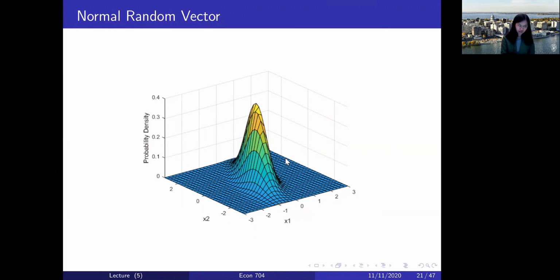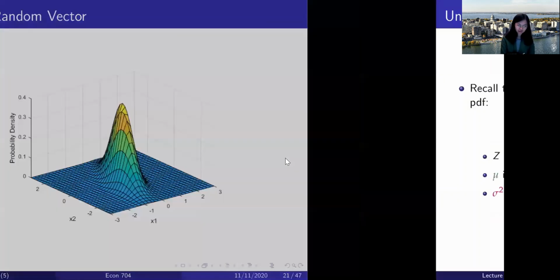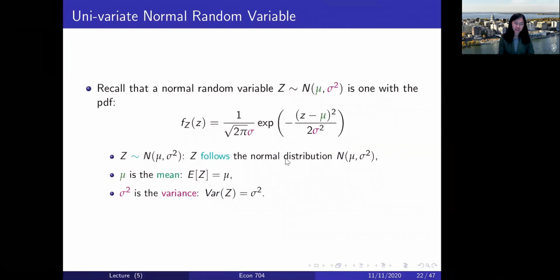So this is an example of a normal random vector, but what exactly is a normal distribution in the multiple dimensional case? Now, to introduce that, we want to recall the normal distribution in the scalar case.